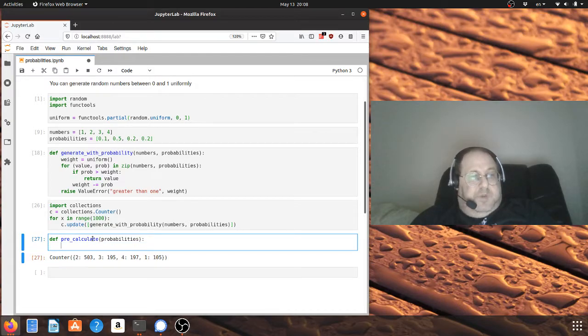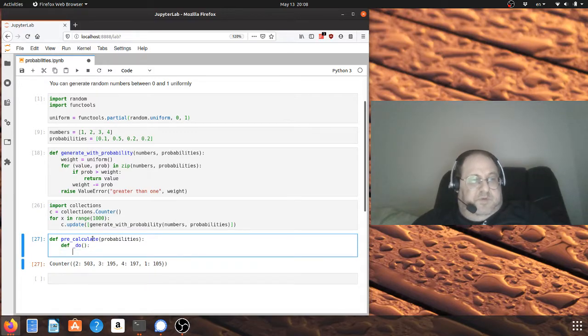So def, we'll give it a better name maybe later, but for now I just want to get the basic shape right. Val equals 0.